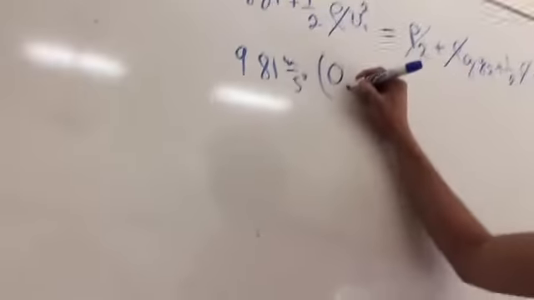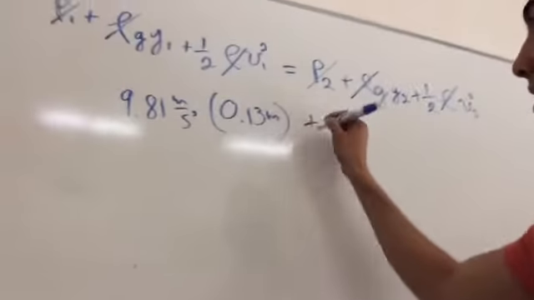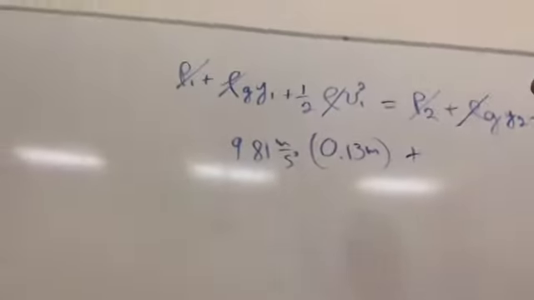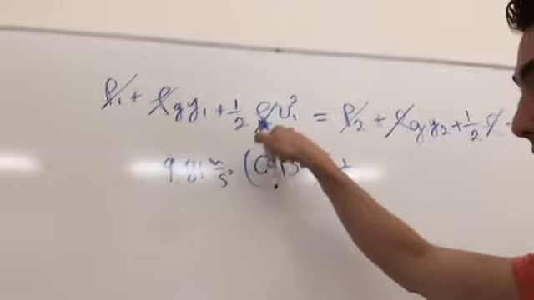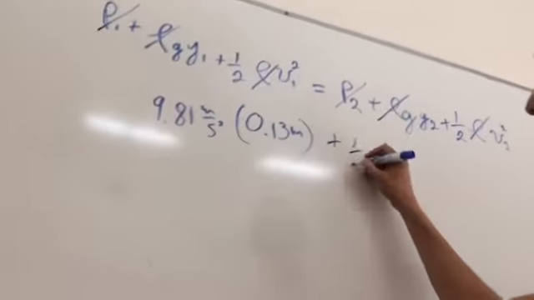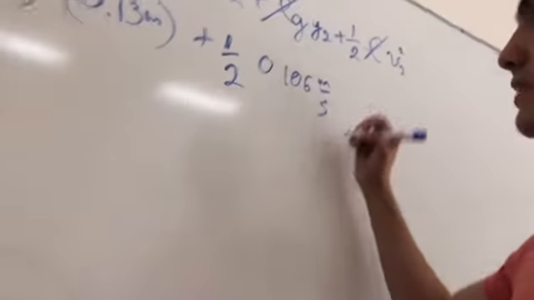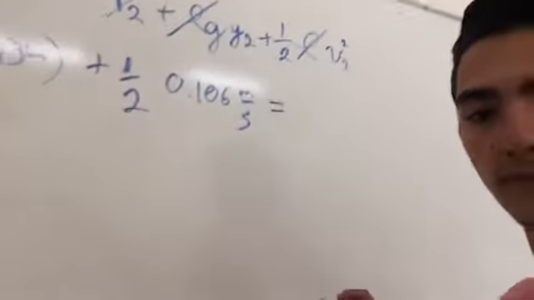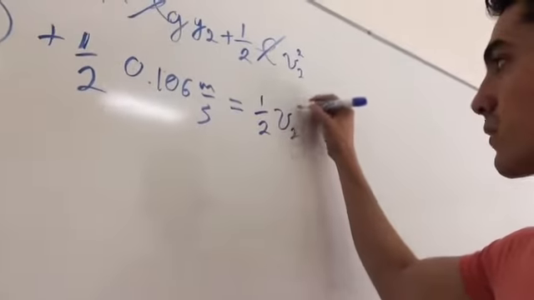So we'll have 13 centimeters as meters here. That plus, this was the potential, and this is the kinetic. The kinetic would be half of our velocity 1, that we know it's this one. So half of 0.106 meters per second squared. And this will be equal to half velocity 2 squared.